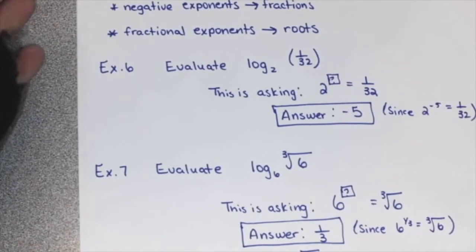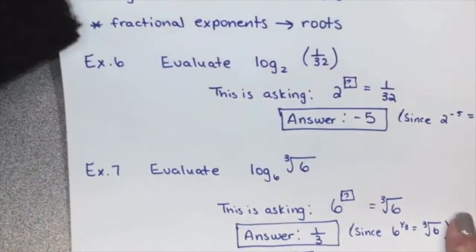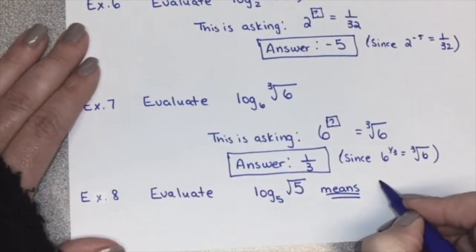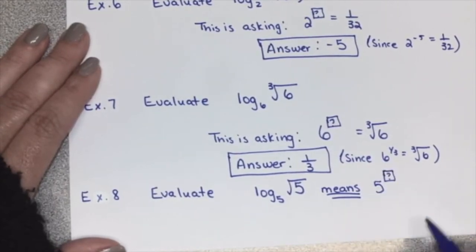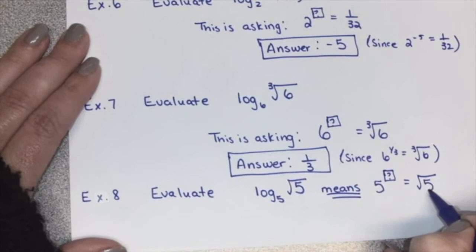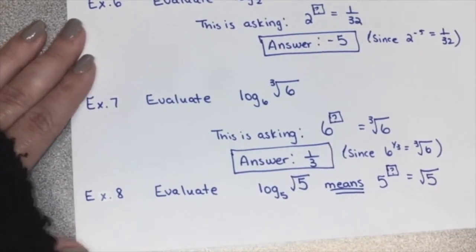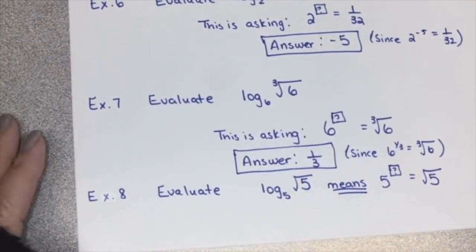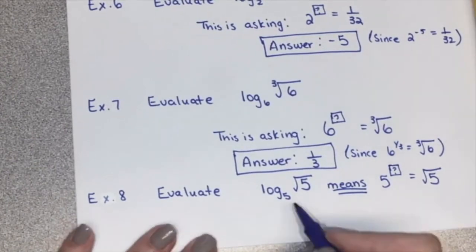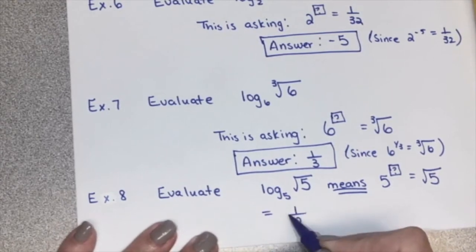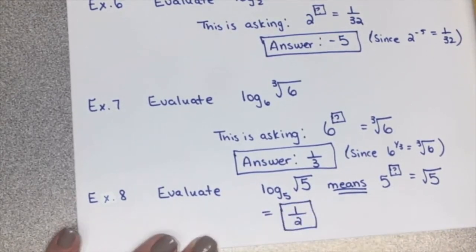If you're going to rewrite what it's really asking, what does it mean? What exponent do you need to raise 5 to give you an answer of square root of 5? Okay, and what's the answer? What exponent gives us square root as opposed to cube root like the last one? It would just be a half. If it's fourth root, it'll be a fourth. If it's fifth root, it'll be a fifth.